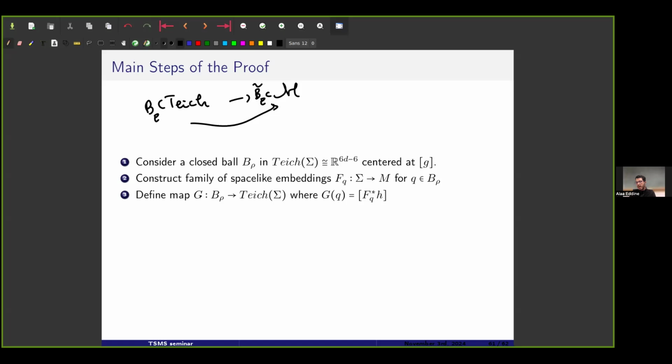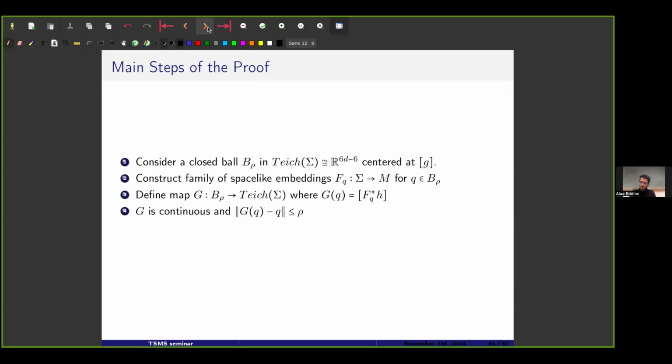So this will give us a map from the closed ball into the Teichmüller space. And of course, if we do everything in the right way, everything will be continuous. We choose this section to be continuous. We do the corrugation process with a continuous loop family that depends continuously on this parameter family. So we will have a continuous map from the closed ball into the Teichmüller space, which is just a Euclidean space.